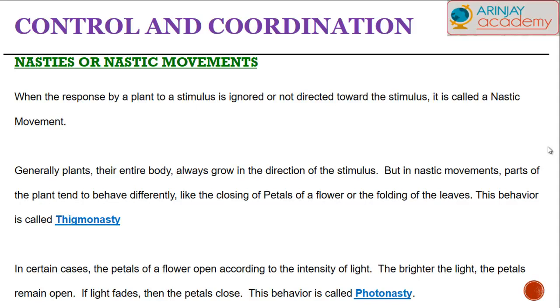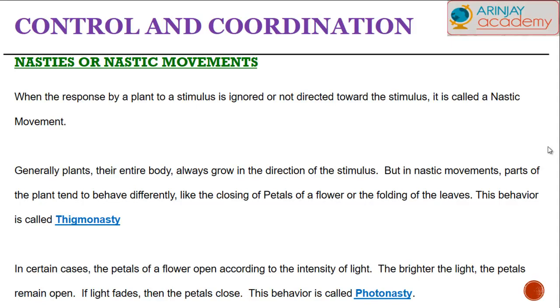Generally, plants, meaning their entire body, always grow in the direction of the stimulus. But when it comes to nastic movements, parts of the plant tend to behave differently. Say, for example, the closing of petals of a flower or the folding of leaves. This behavior is called thigmonasty.